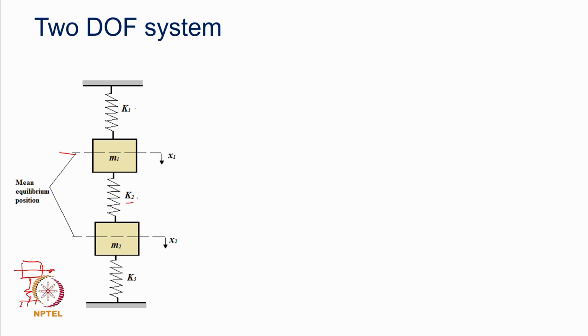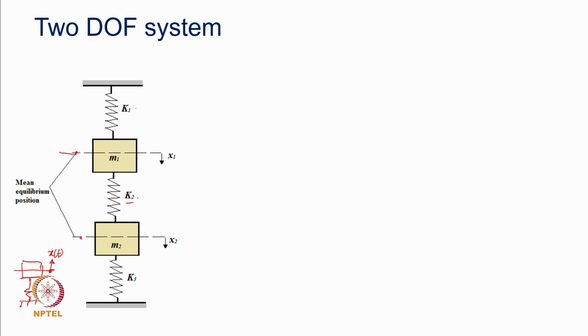Then we define the motion with respect to this mean equilibrium position. On similar lines, these two masses are currently at their mean equilibrium position, and the responses x1 and x2 of these two masses M1 and M2 are relative to those two mean equilibrium positions, very straightforward.